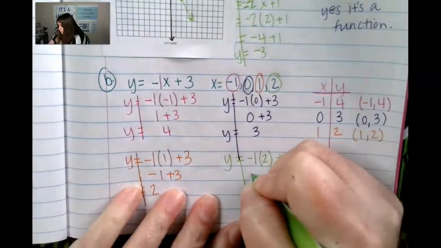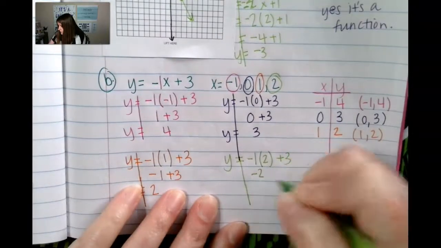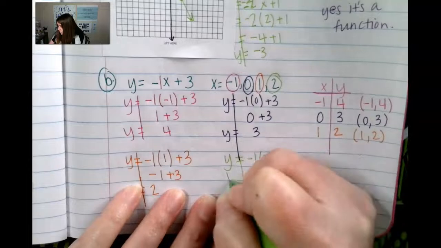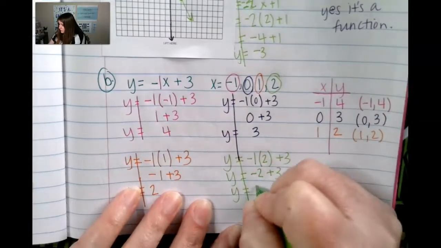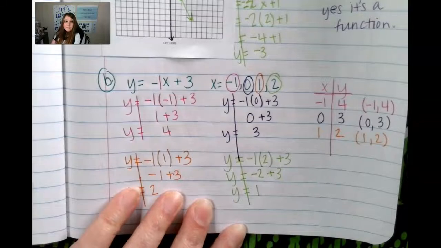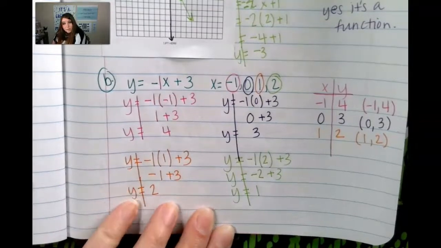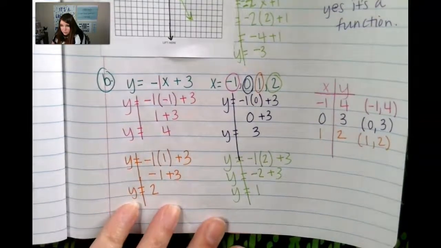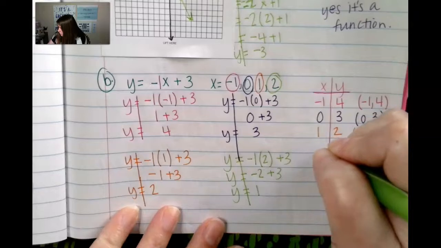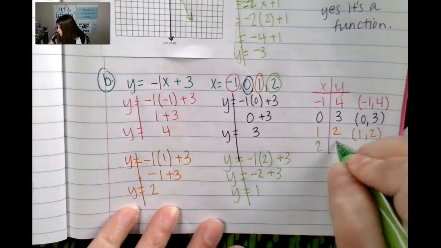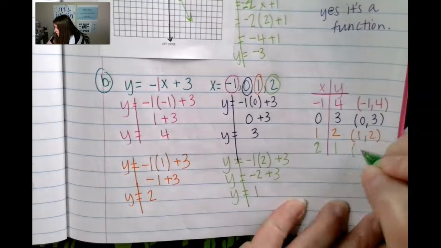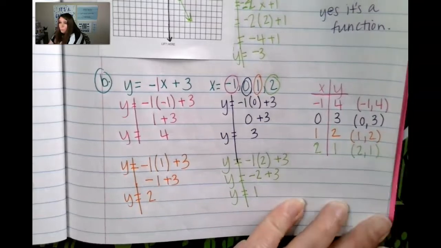Negative 1 times 2 is negative 2, plus 3, which gives me 1. Negative 2 in the bank, I add $3, I have $1 left. So when my x value is 2, my y value is 1, and my ordered pair is 2, 1.